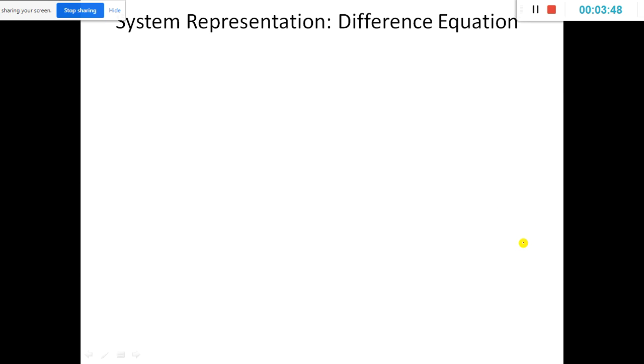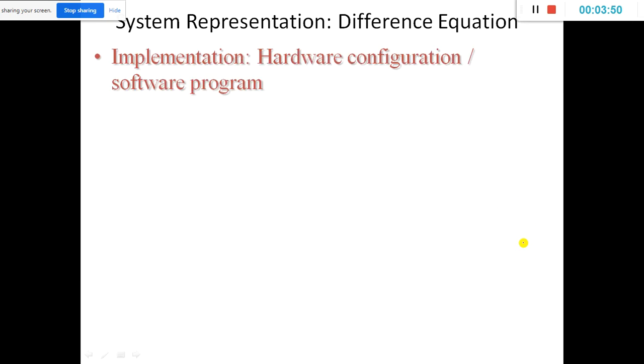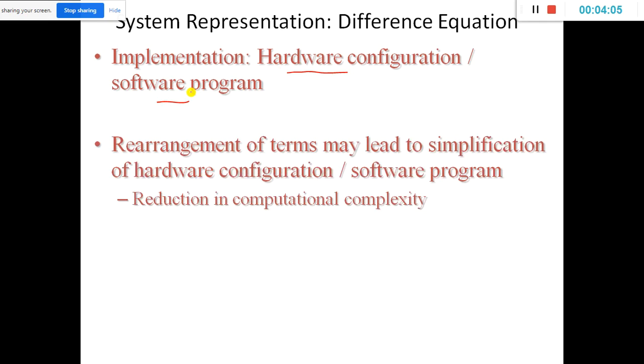So this is the fundamental aim of representing the filter in the form of structure: it is nothing but the implementation through the hardware configuration or through the software program.